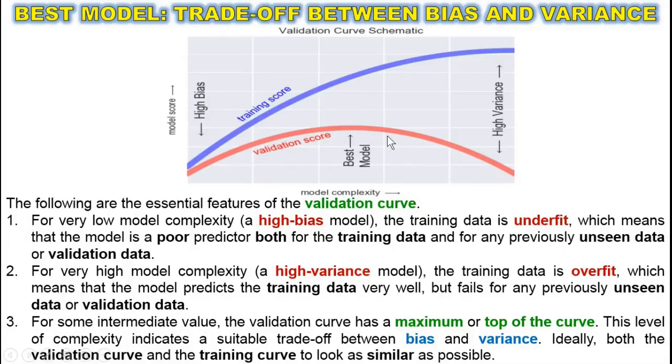And then we look at the top of the validation curve, or the maximum, as the place where we can find the best model, which is a trade-off between the bias and the variance.